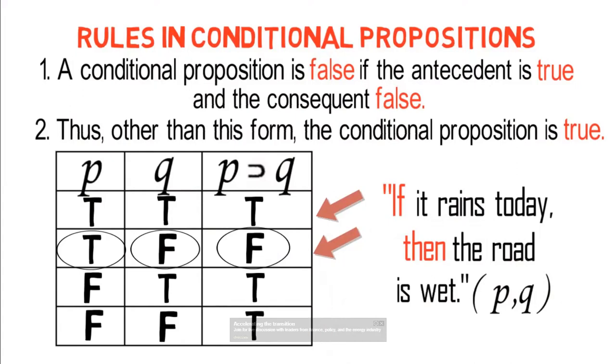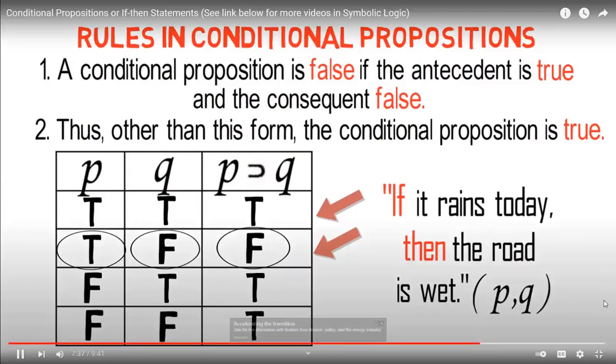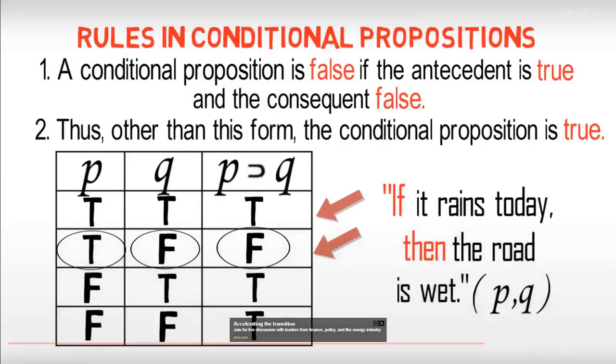However, it is said in the truth table that Q is false. That is, the road is not wet. Hence, the conditional proposition is false. Again, it is impossible for the road not to get wet if it rains.